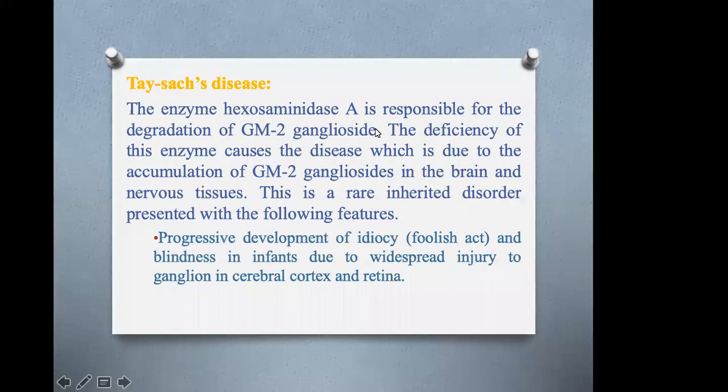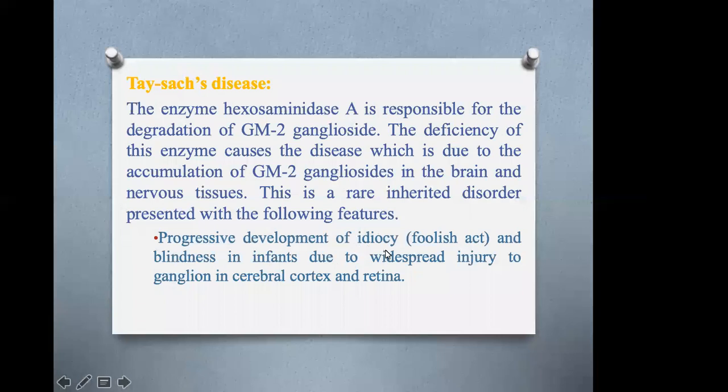Please remember this also. Basically, this is a pediatric disease, and you just need to remember the enzyme and the type of ganglioside which is not degraded. So this GM2 ganglioside will accumulate in the brain and nervous tissues, which leads to various features in newborns.